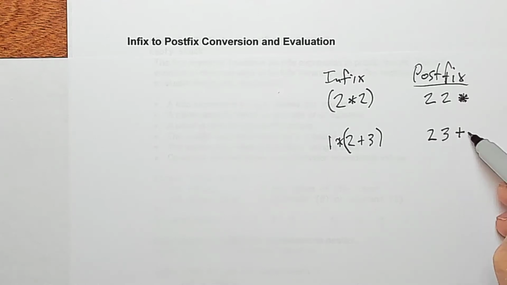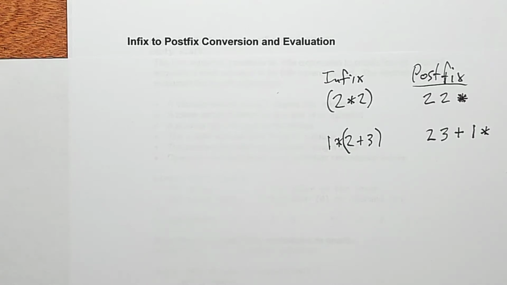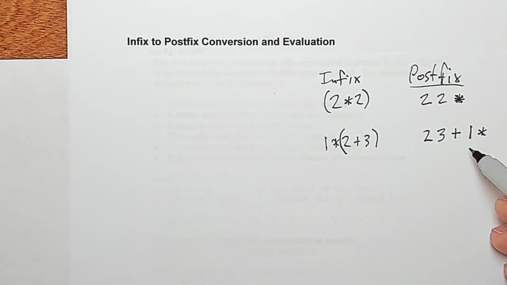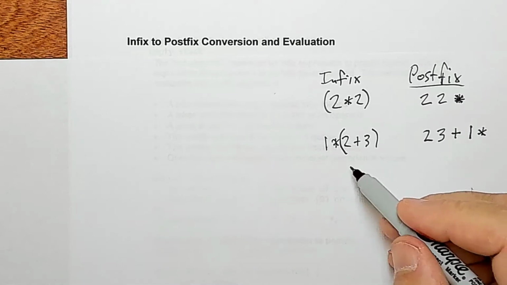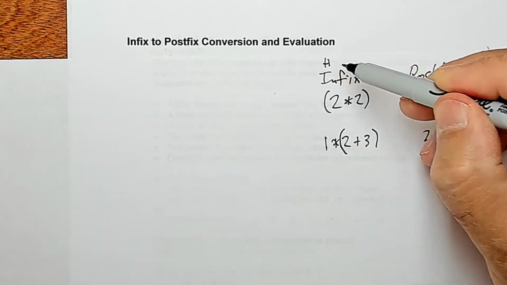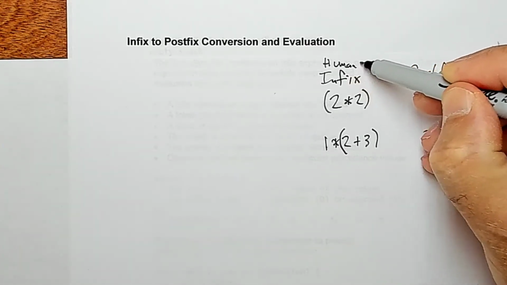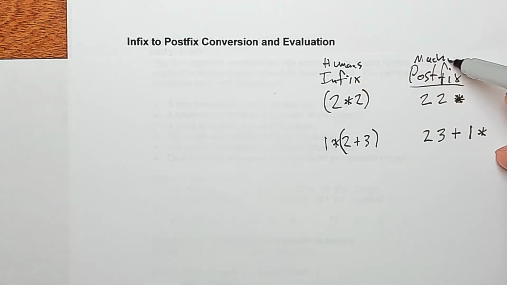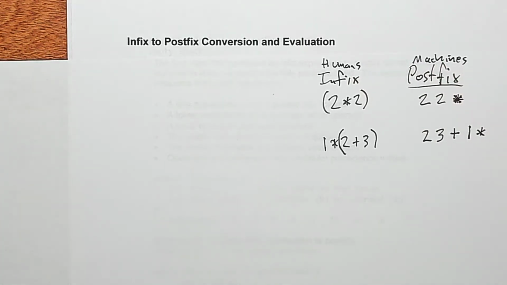So then we want to take that operand and combine it with the operand 1 via multiplication. So this is the equivalent postfix expression for this infix. Humans and machines tend to like postfix.